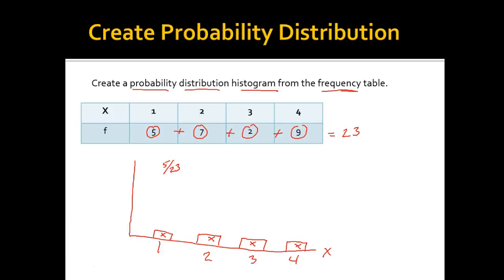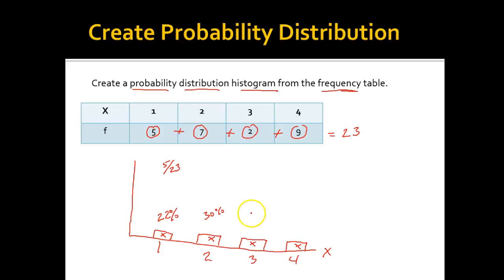We can do that on our calculator, which I need to pull up on my phone because I don't have access to my screen. So 5 divided by 23, do it on your calculator, is 0.217. So it's approximately 22%. And then the 2's, there's 7 of them, so 7 divided by 23 is 30.4, or 30%.